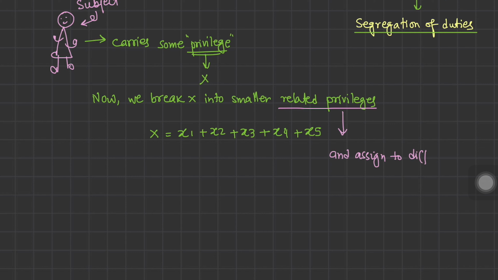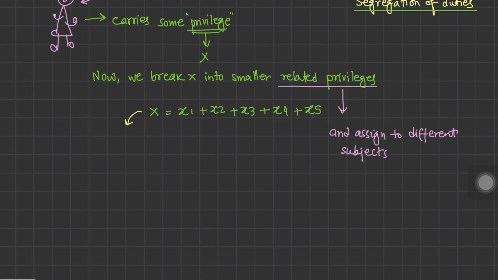So the capital X will be broken into X1 plus X2, X3, X4 and X5. This act of breaking a bigger privilege into smaller privileges is called SoD, which we refer to as segregation of duty. Why are we using the word duty here? Because we are talking from the perspective of the user.